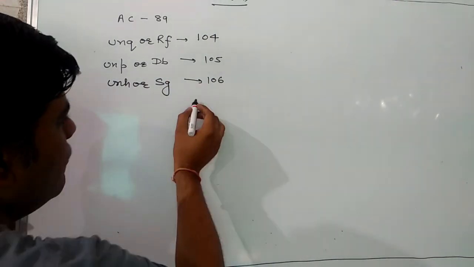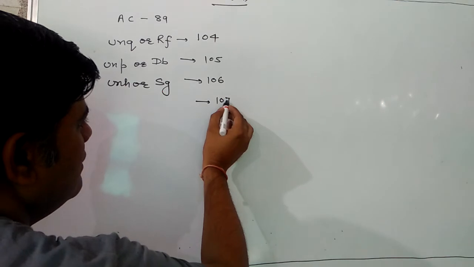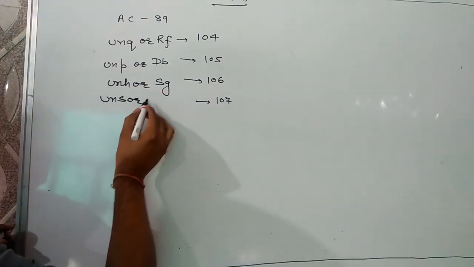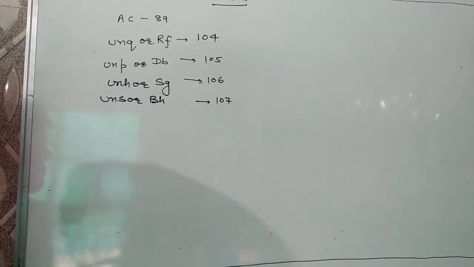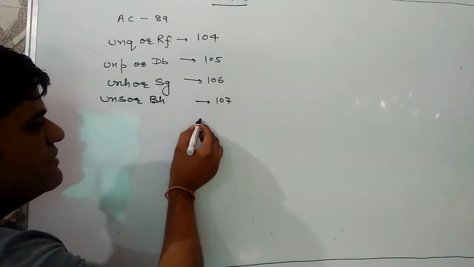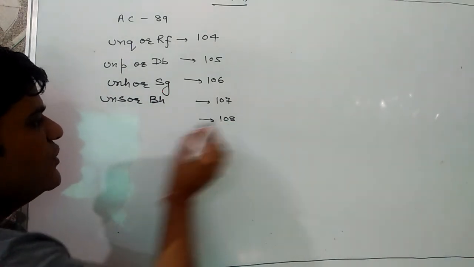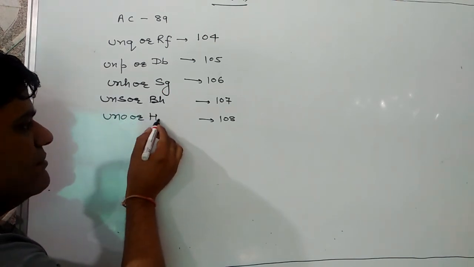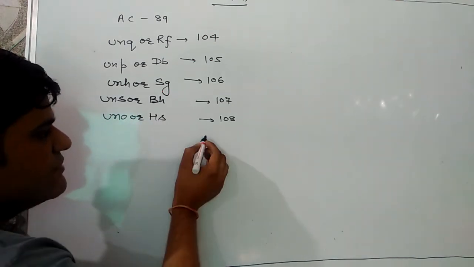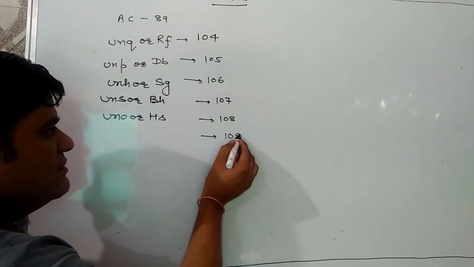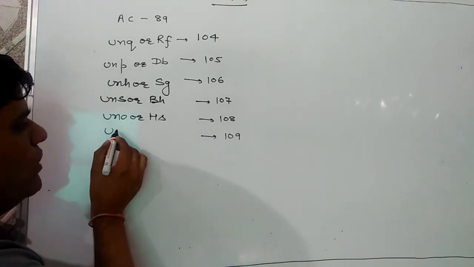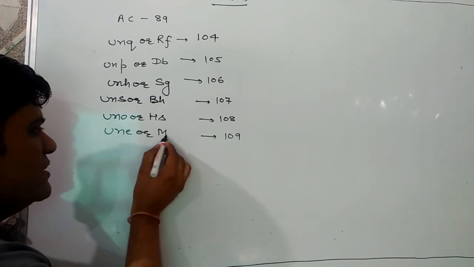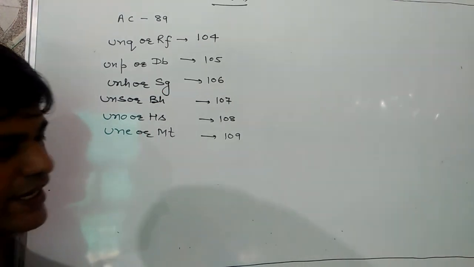Next one is 107, UNS or bohrium, BH. Next one is 108, UNO or hassium, HS. Next one is 109, UNE or meitnerium.